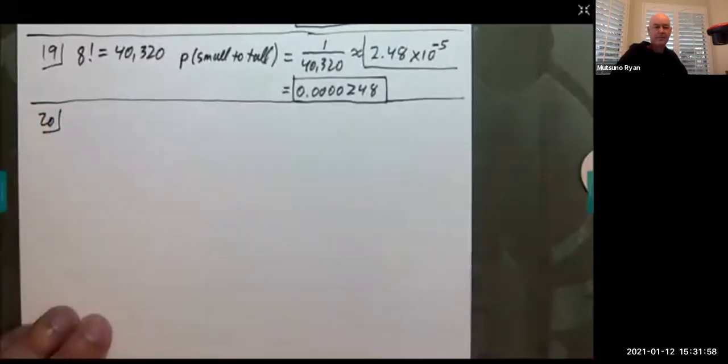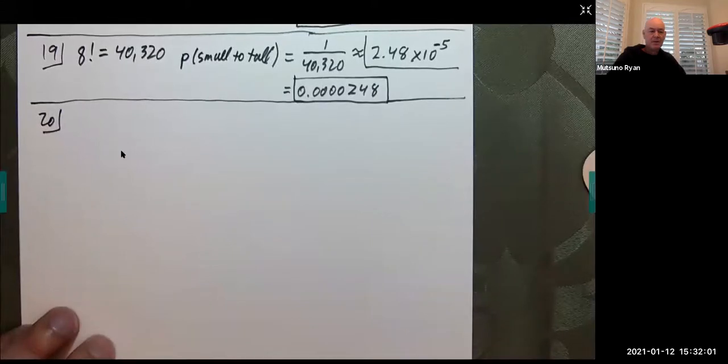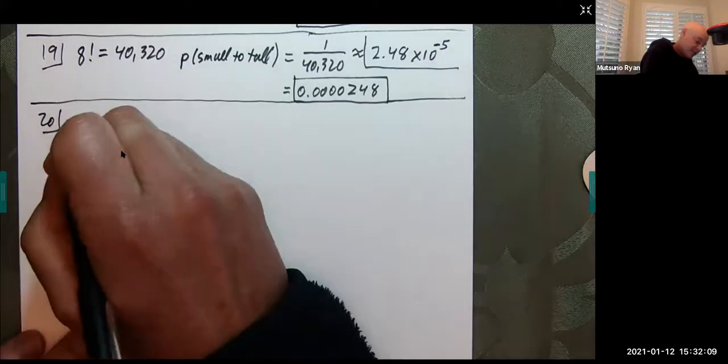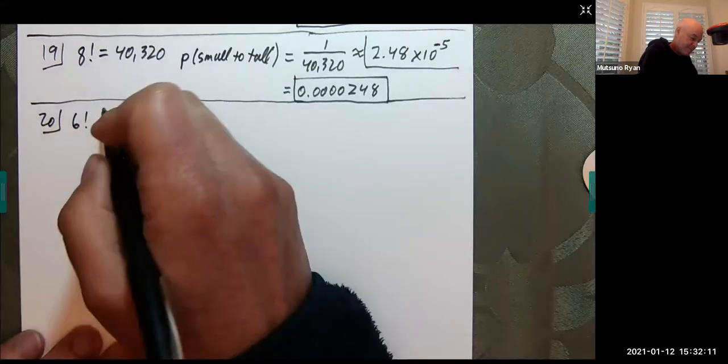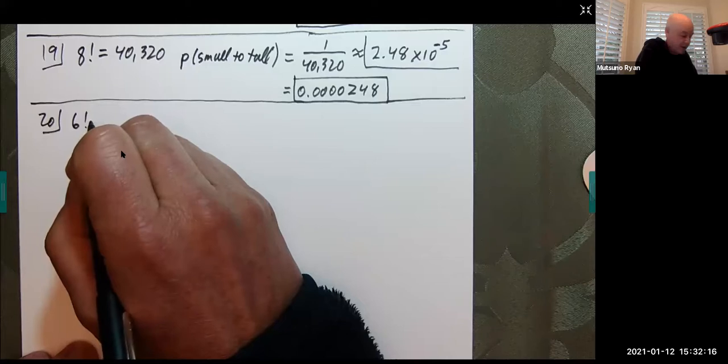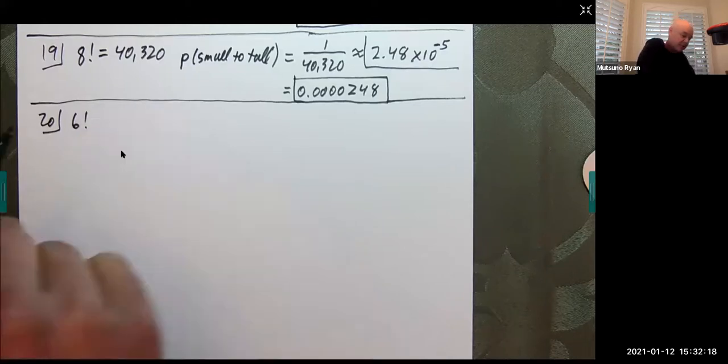Number 20. A tourist in France wants to visit 6 different cities. How many different routes are possible? Again, since we're using all 6 digits, this is just flat out 6 factorial. And this one, they don't want a probability, they actually want the number of routes.